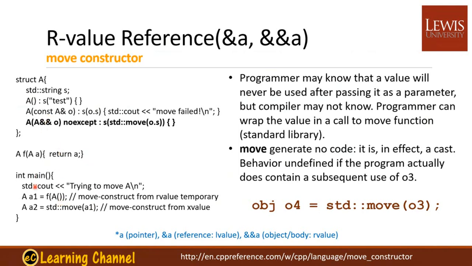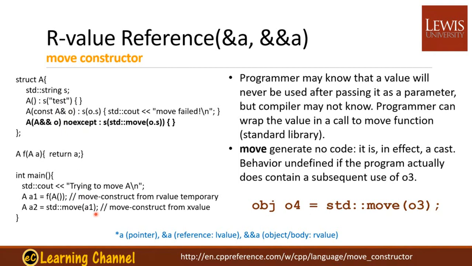So we call our f function, and the f function passes through an object A and returns A. So here we create an object and then return it to A1. And then we move A1, passing the object A1 in there.